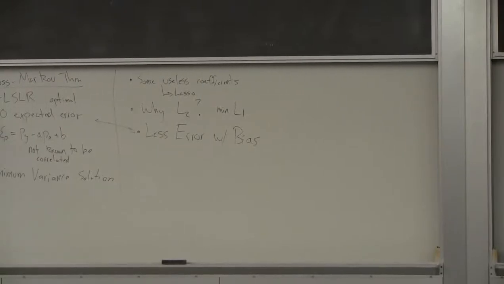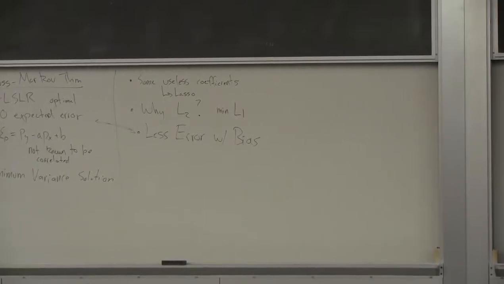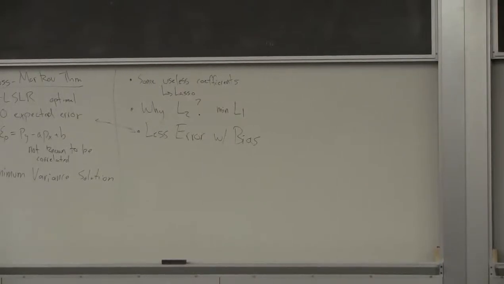What if we didn't do this? Can we get less error? It turns out in some cases, yeah, you can actually get less error if you get rid of this 0 expected error solution. And this is actually really easy to do, so we'll see how to do that.